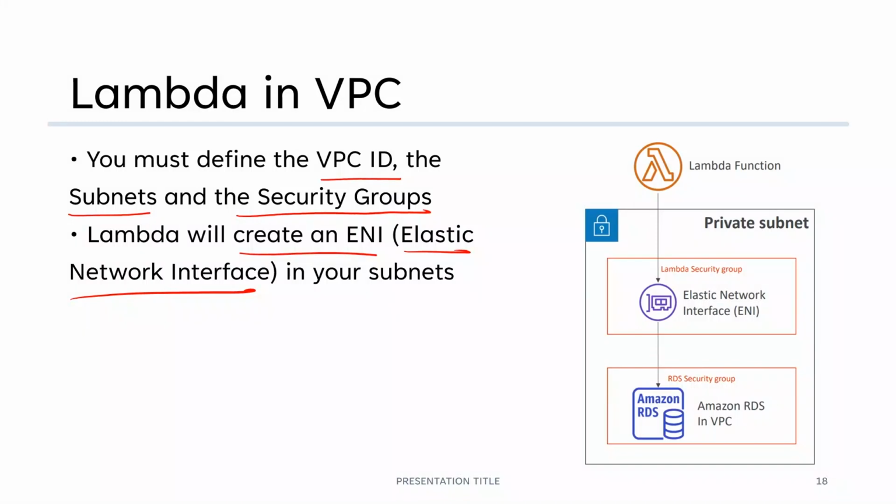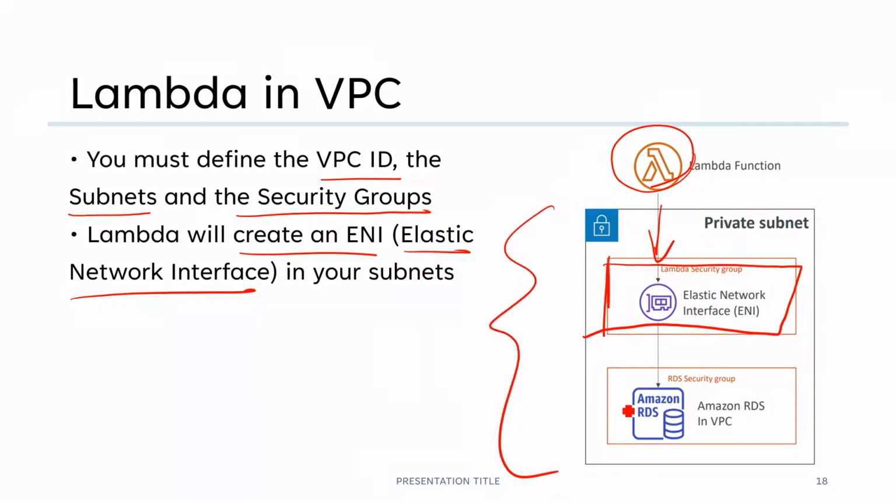So if you define the VPC ID while launching your Lambda function, then an ENI will be created, which will be associated with your Lambda, and then the Lambda will be launched in your subnets. A subnet is basically a group in your VPC. If you see this diagram, you will get a better idea. This is your Lambda function. An ENI is attached to your Lambda function, and you are launching it in a security group, the Lambda security group, in a private subnet.